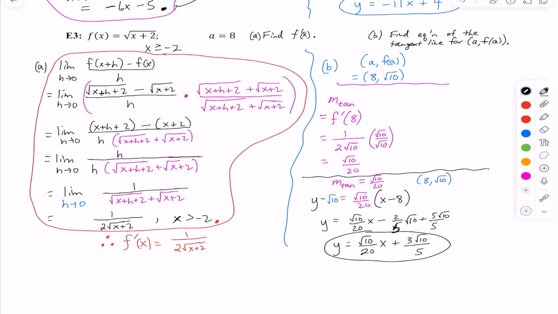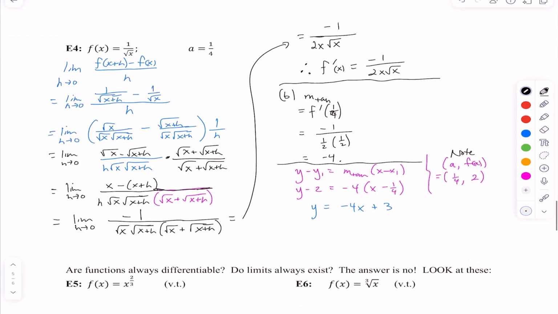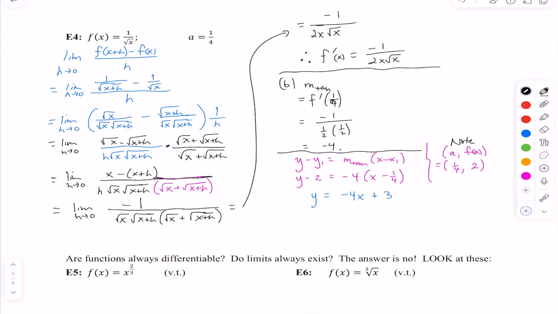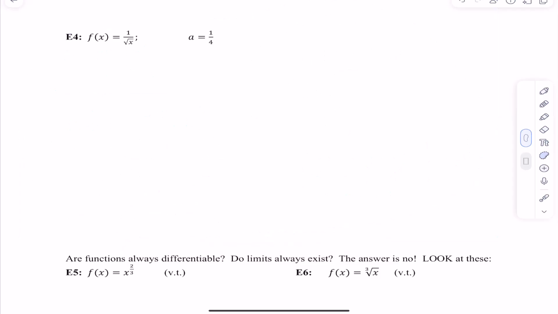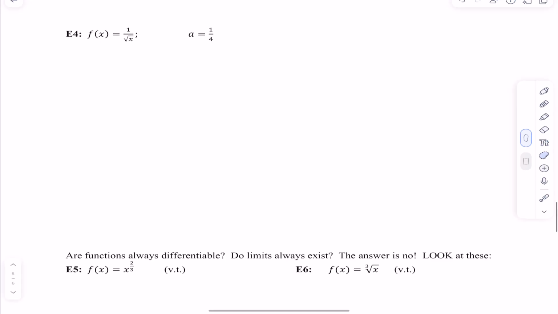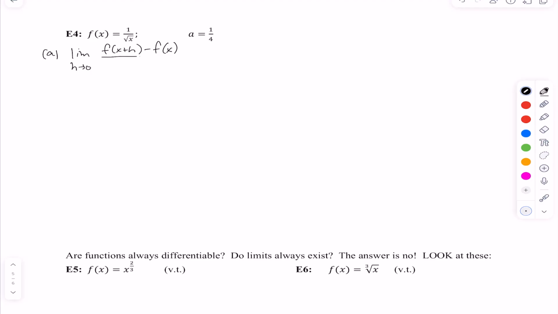Let's look at another example to see how the algebra could be a little different. Once again, we're going to write the definition. We're going to try to evaluate this limit in terms of x. x is a variable here. x is not a constant. We're looking for a function in terms of x.